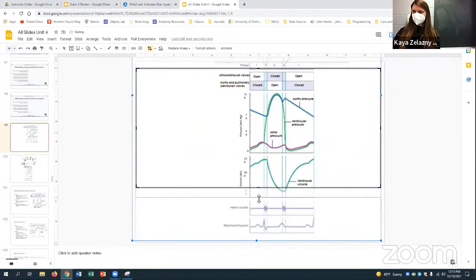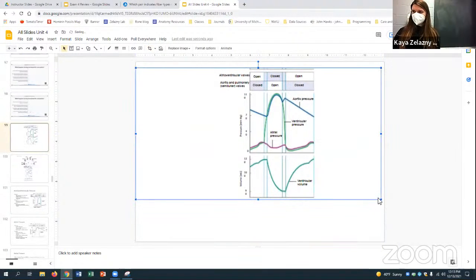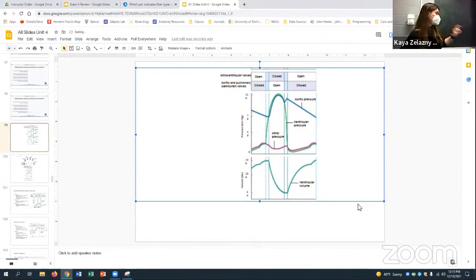You said that systole starts with the ventricular contraction. Yeah, systole starts with the isovolumetric ventricular contraction. So all systole is that heart muscle is contracted. Those two words, systole and diastole, are just contraction versus relaxation.